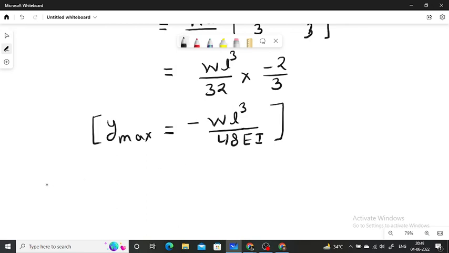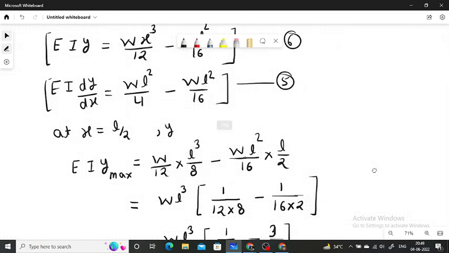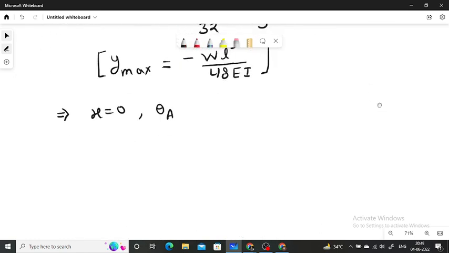Now the slope is maximum at its endpoints. At x is equal to 0, slope at the point A can be calculated by using equation number 5, WL square by 4 minus WL square by 16. So slope at the point A will be minus WL square upon 16 EI.